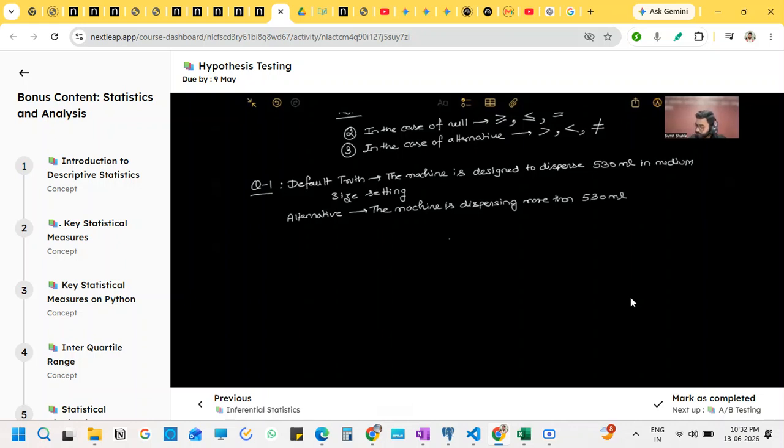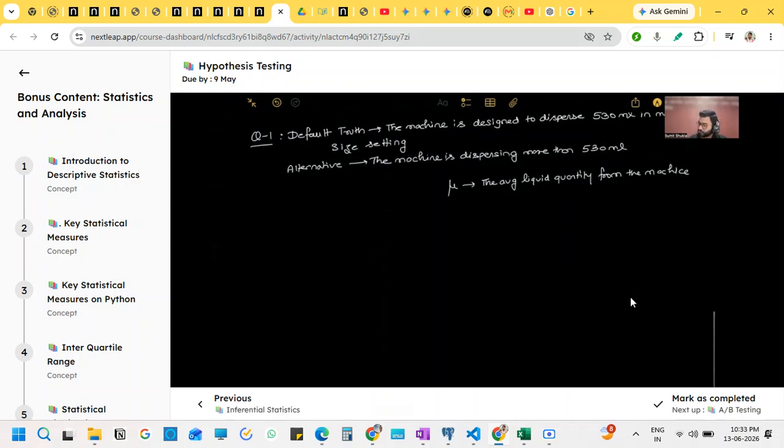So let's assume that mu represents the average liquid quantity from the machine. If mu represents the average quantity from the machine, the null hypothesis is that mu is less than or equal to 530 ml, and the alternative is that mu is greater than 530 ml.